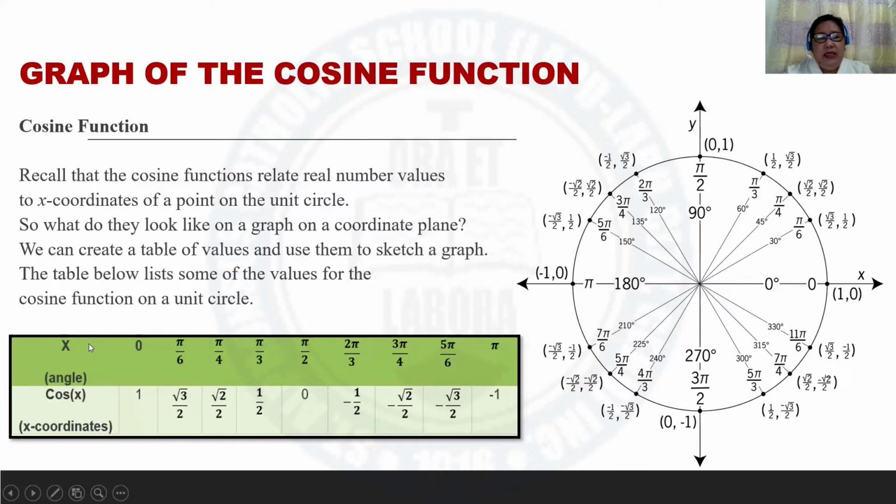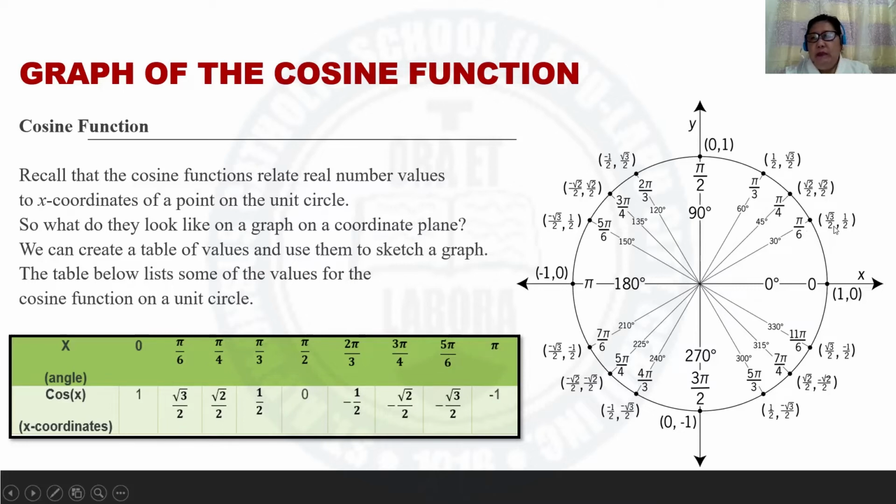X will represent the angle and cosine x will represent the x coordinates. So for 0 degrees, so for 0 radians, you have 1 as the x coordinate. So it's 1 here. Pi over 6, you have square root of 3 over 2.